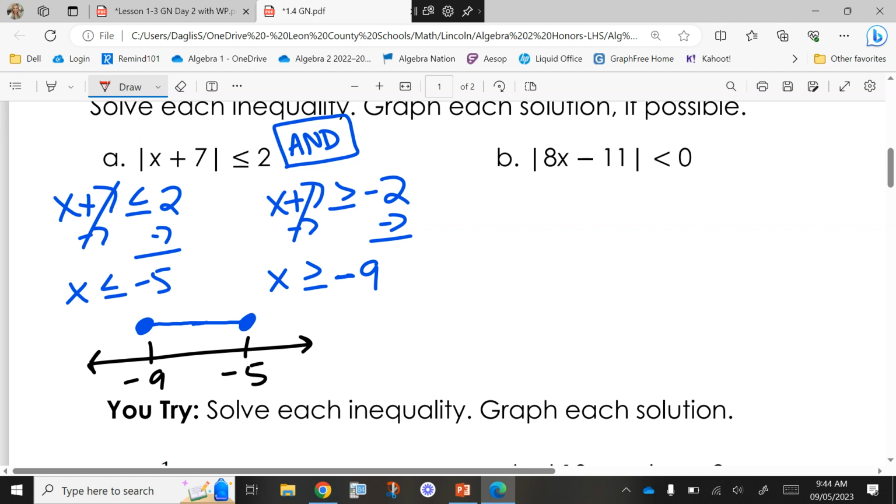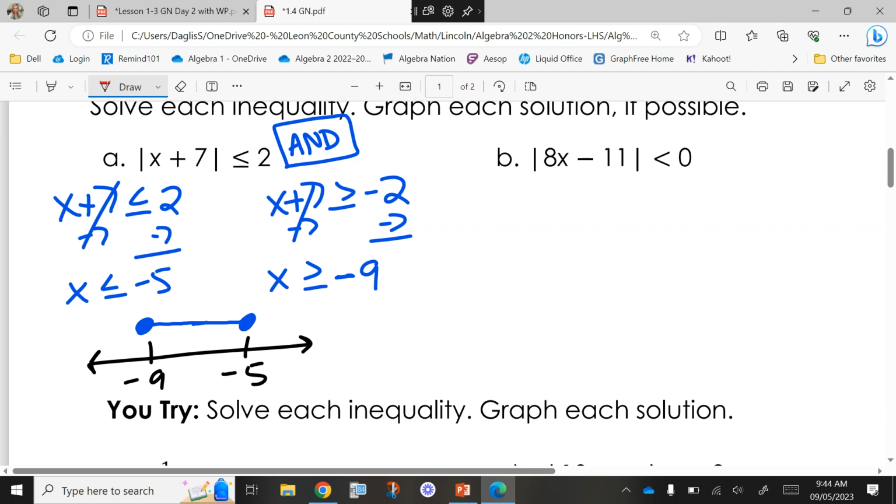Less than. Can absolute values be less than 0? No, that can never happen because absolute values are always positive results, right? So no matter what x value you plug into that, negative 1,000,000, positive 512, that absolute value will still be a positive number. So it's impossible for this absolute value to be less than 0.